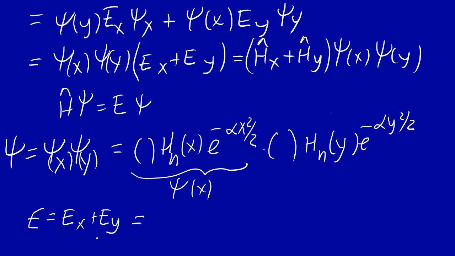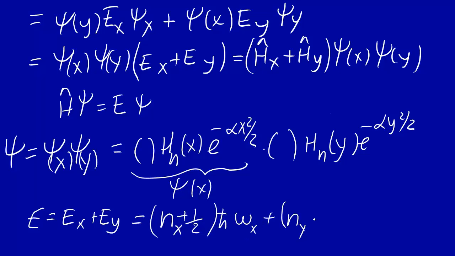And we know each one of these for the harmonic oscillator in a single direction from our solution there. So this would just be the quantum number. And again, we have to distinguish now between x and y directions. Plus 1/2 times h bar omega in the x, now it's going to be different, plus the quantum number associated with the y direction, plus 1/2 times h bar times omega in the y direction.